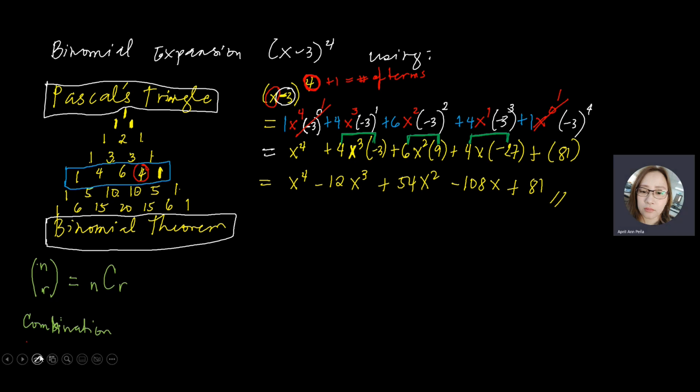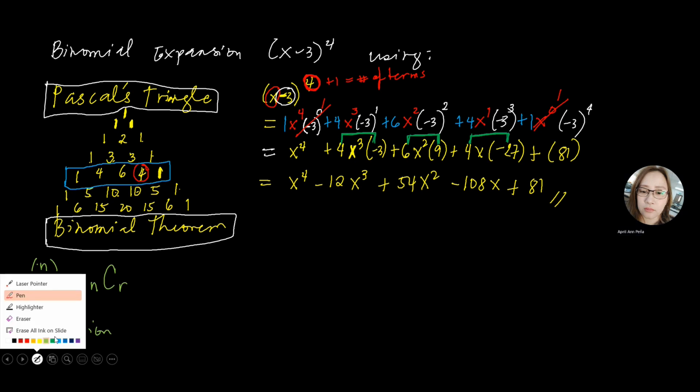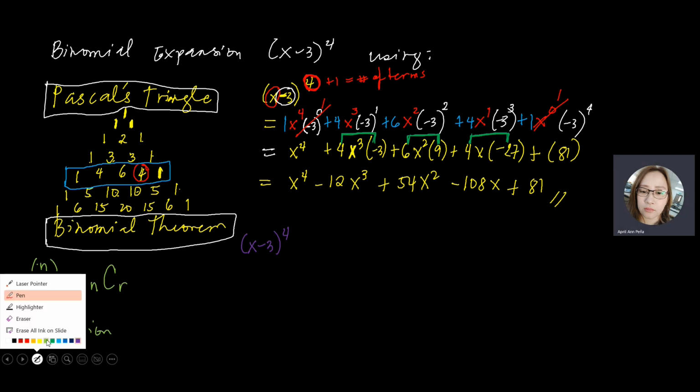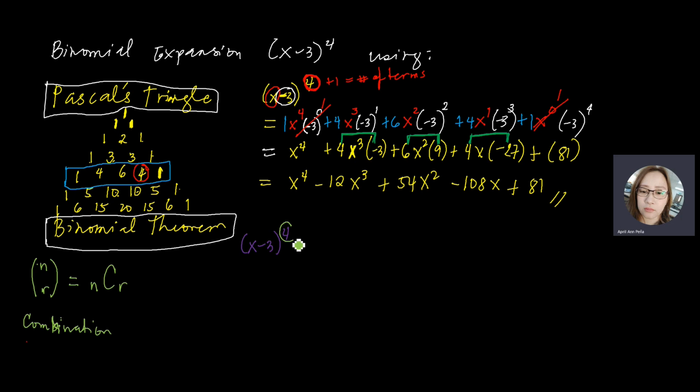So let us expand the given, x minus 3 raised to 4. As what you can notice, we do have the exponent of 4 again.